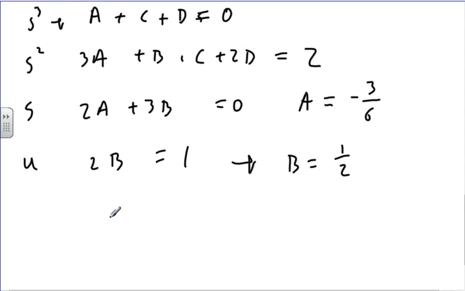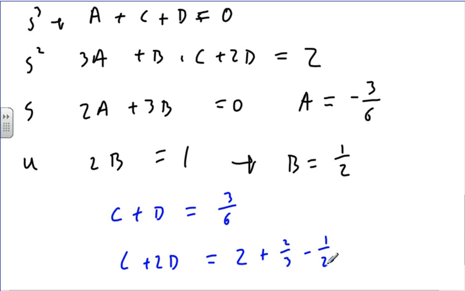All right, so now I've got that c plus d is equal to 3/2, and I've got that c plus 2d is equal to 2 plus 2/3 minus 1/2.